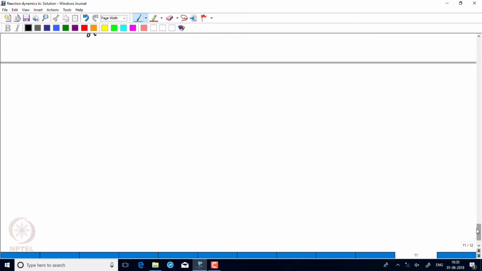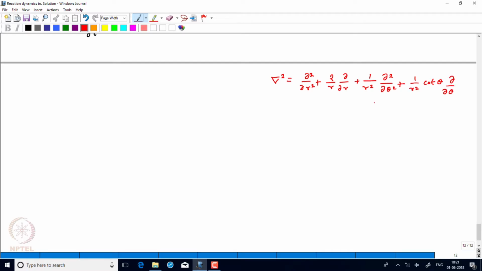In spherical polar coordinates, del square can be written as del 2 del r2 plus 2 by r del r plus 1 by r square del 2 del theta 2 plus 1 by r square cot theta del theta plus 1 by r square sine square theta del 2 del phi 2.